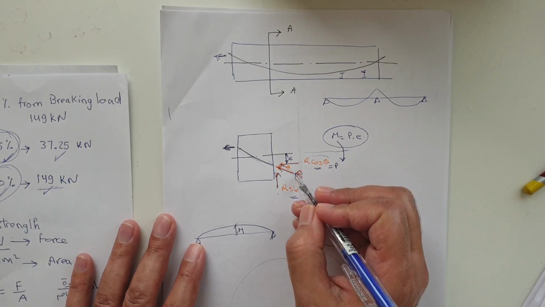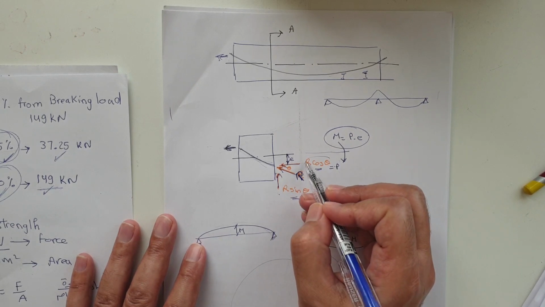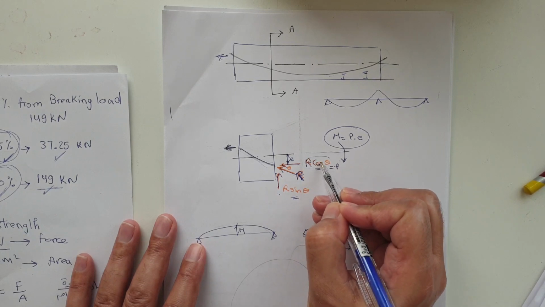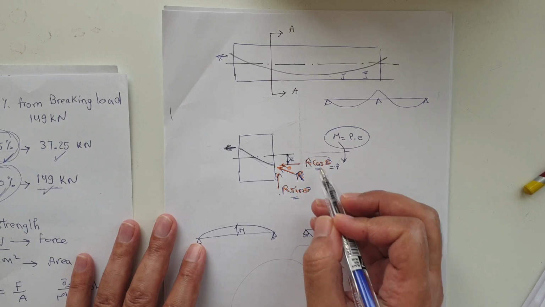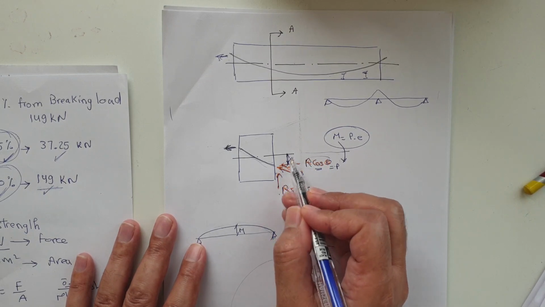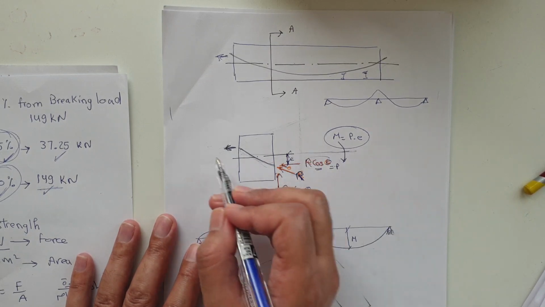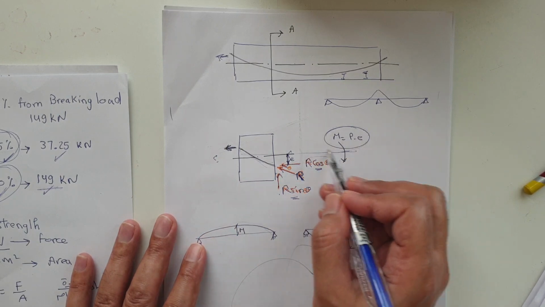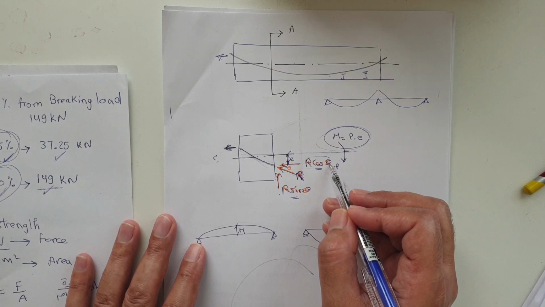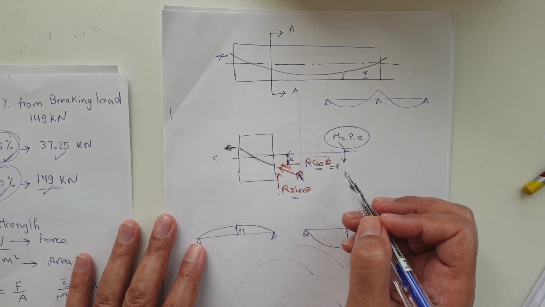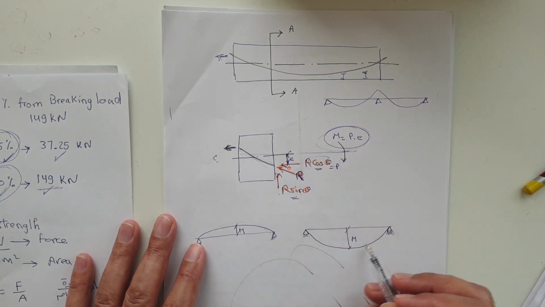If we call this r, this one will be r cosine theta, and this one will be r sine theta. If we take r cosine theta and multiply by e, the distance to the center line, we get the moment Pe. This moment, r cosine theta multiplied by e, is opposite to the moment of the beam.